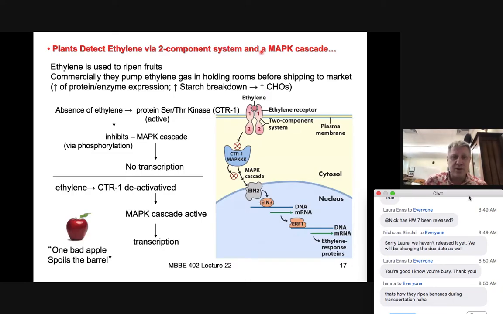But what we try to do is inhibit this issue by removing ethylene gas from those particular fruits.